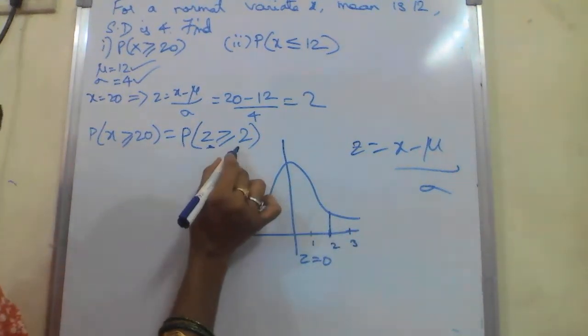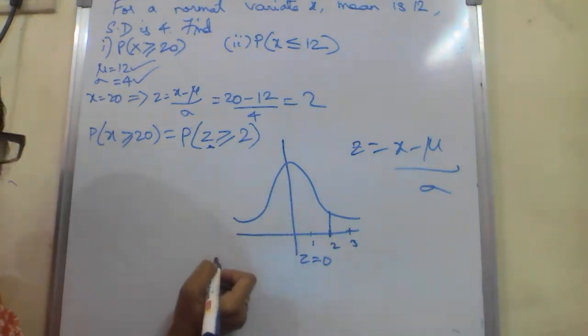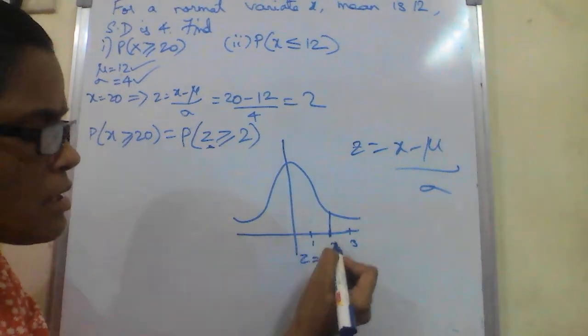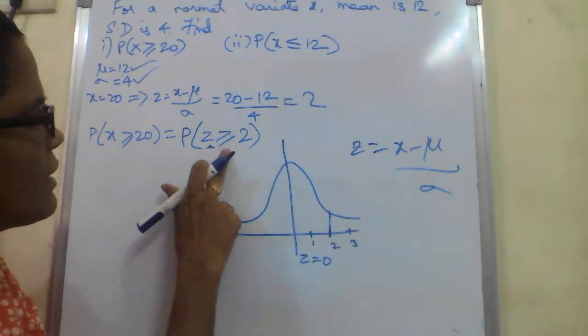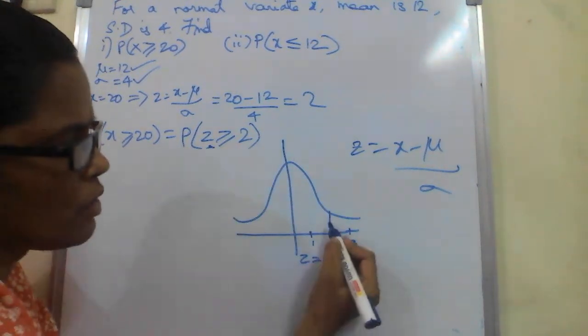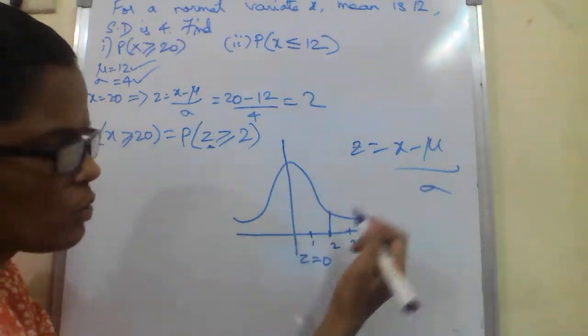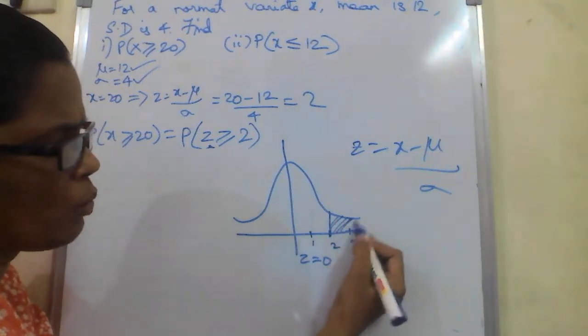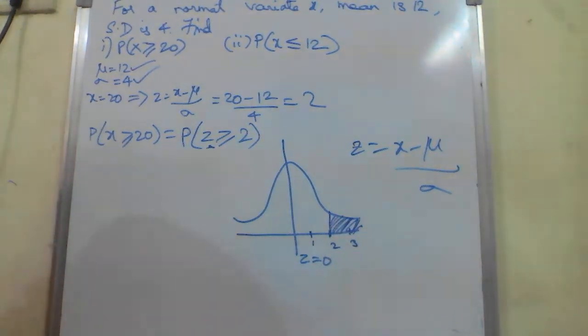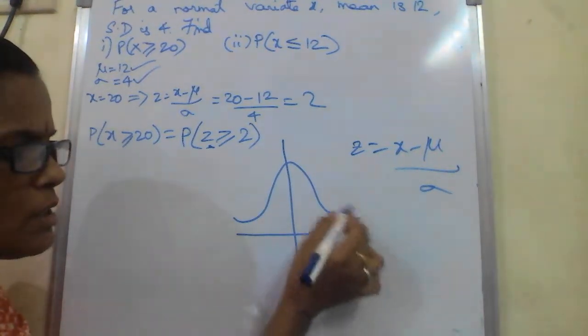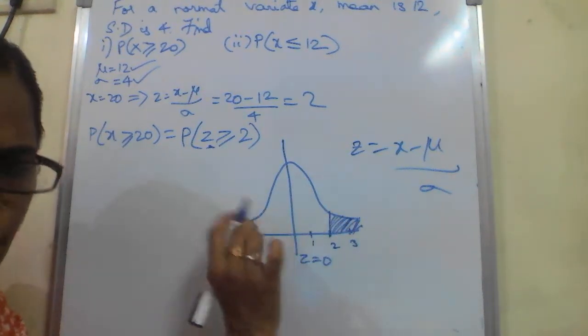This is positive 2. If it is negative, we go to the other side. I want the probability of z greater than or equal to 2. So 2 and greater is to the other side. Shade the region you want. This is the part which I want to find. This is the region, or the probability, which I have to find.